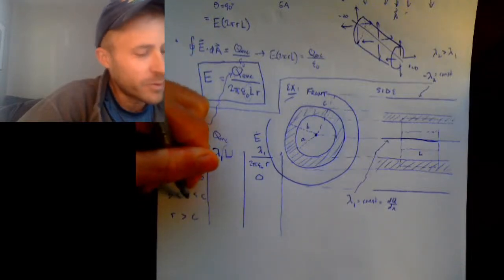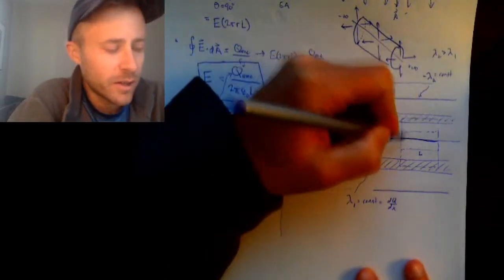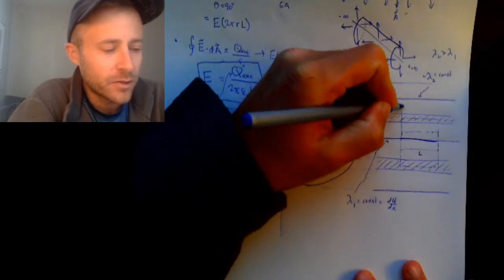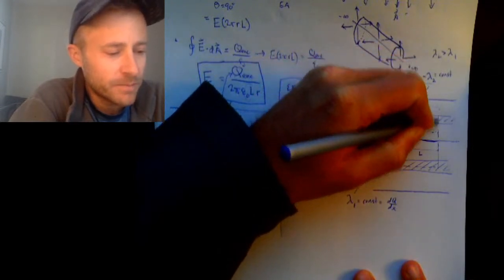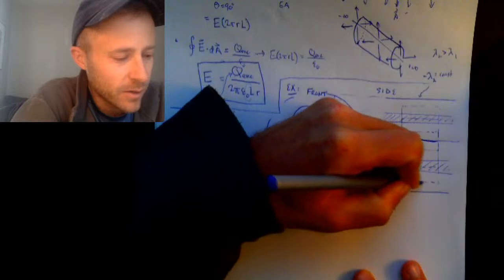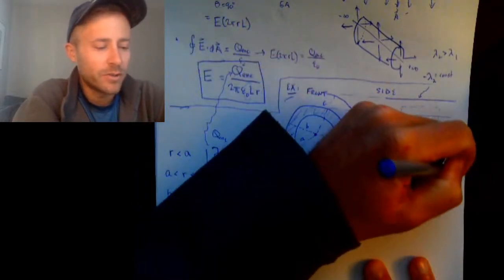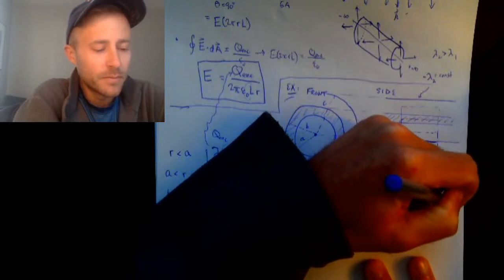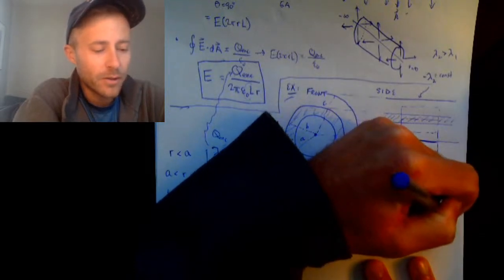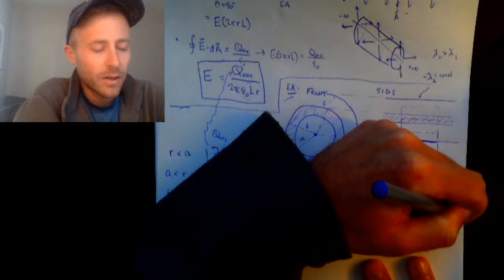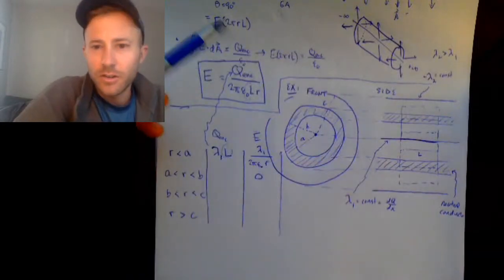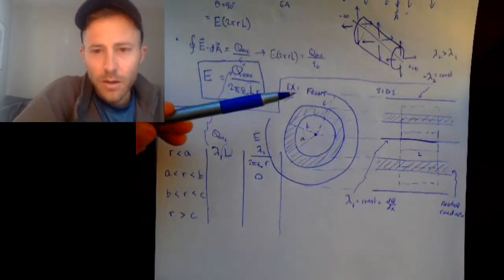What if R is between B and C? That means that our Gaussian cylinder extends into this region. Now, I forgot to say this, but this is a neutral conductor. That means that the conductor has no net charge.